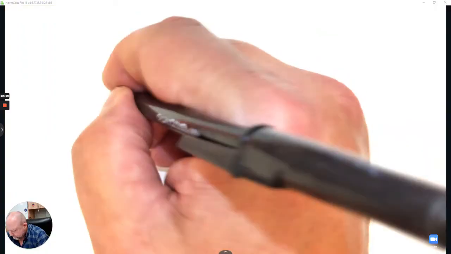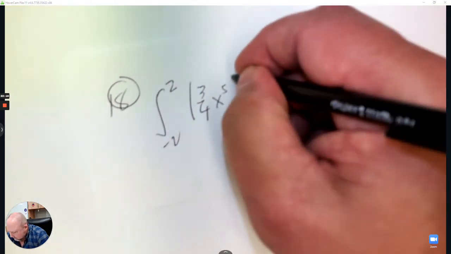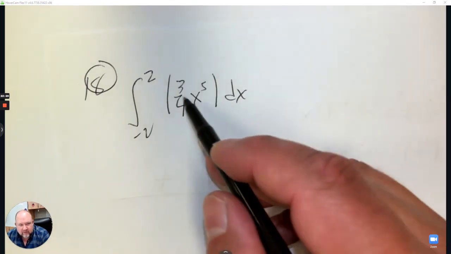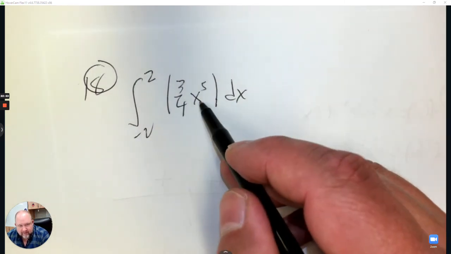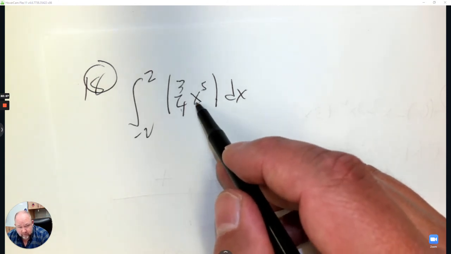Number 18. So I'm going to do some integration now. Whenever I see absolute value, I definitely think of the graph first in terms of what's happening. Now, with this absolute value, it's 3/4 to the x to the 5th, and the vertex of this is at 0.